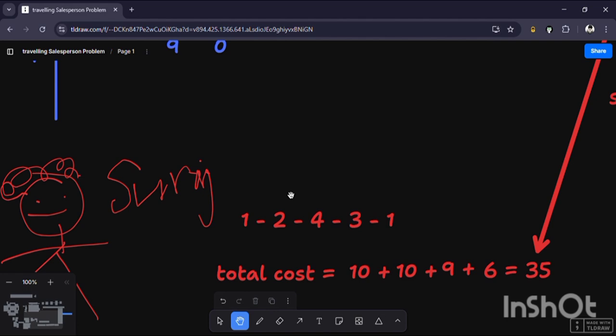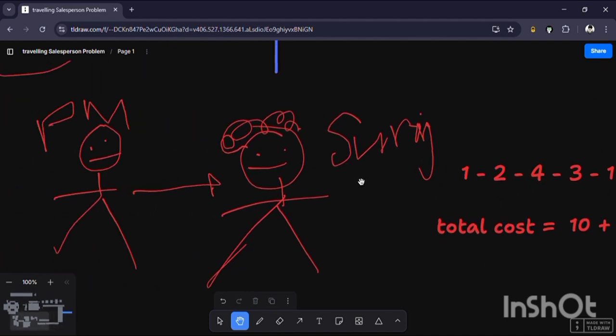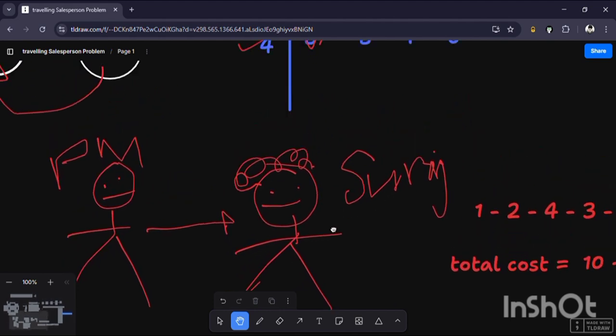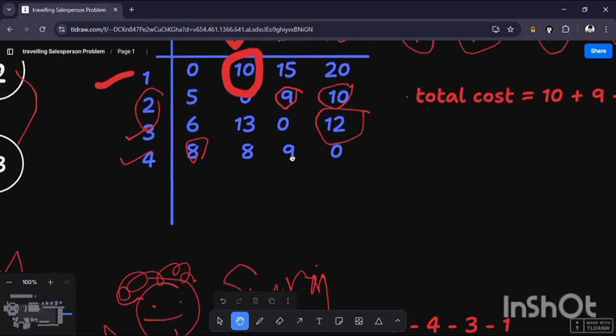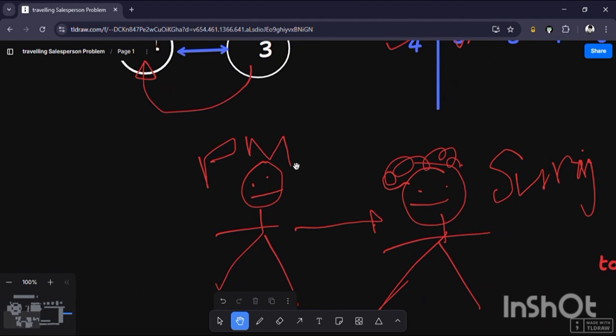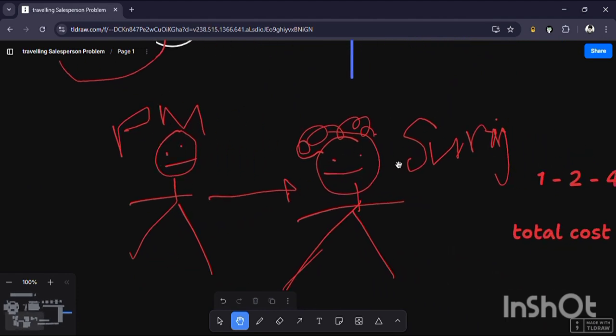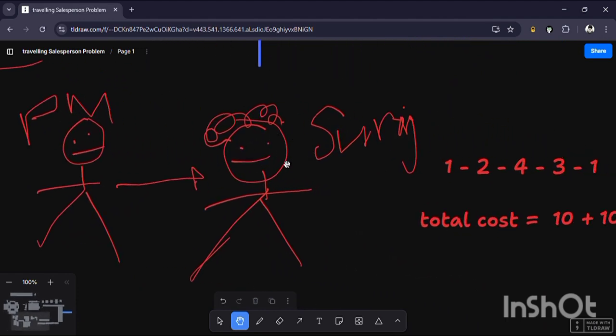Now the postman asked him, how did you find it? So Suraj said that though I am greedy, I did not apply the greedy method here. Instead, he applied dynamic programming. The postman said, please explain how did you apply dynamic programming.